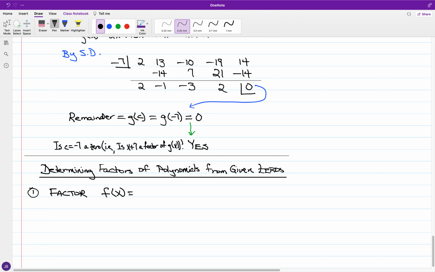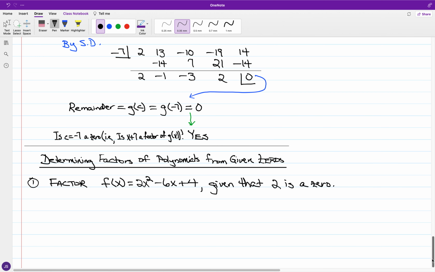Let's say we have f of x is equal to 2x squared minus 6x plus 4, given that 2 is a 0. All right, and we can determine the factorization case.